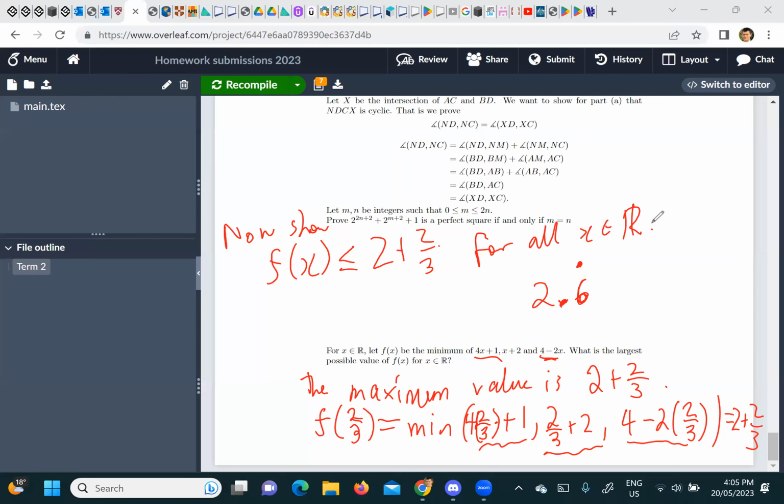So then show f of x is less than or equal to 2 plus 2/3 for all x. I think it might be easier to break it into cases. So what's an easy breakdown of cases? For example, if x is bigger than 2/3, maybe that could be a case.